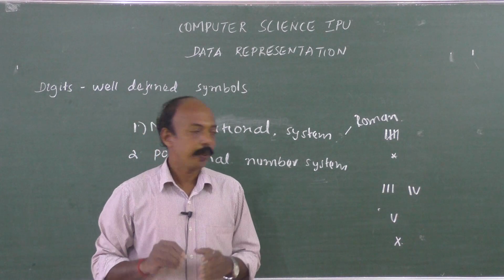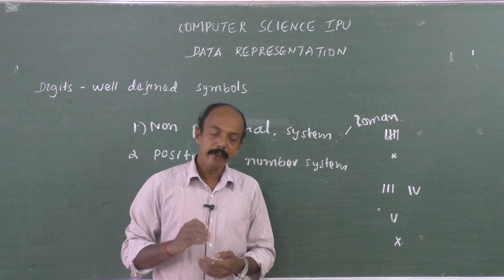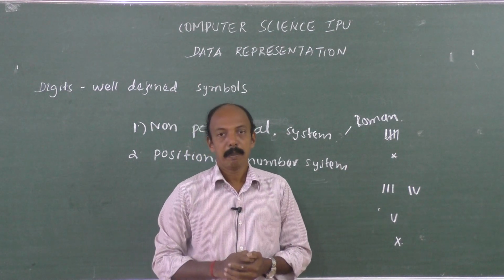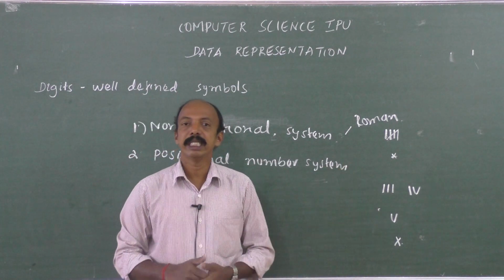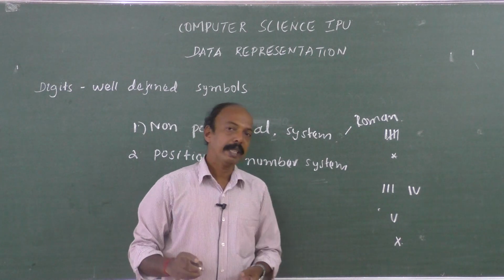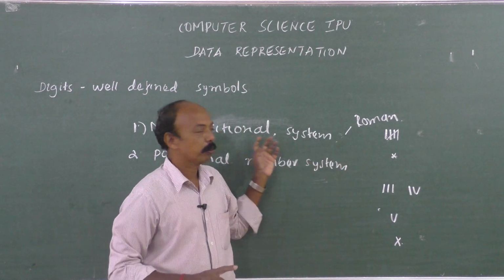Here also we have values, which we represent with the help of symbols. But what is the disadvantage? It can be used for simple addition or subtraction, but for multiplication and division it becomes very difficult to use the non-positional number system.